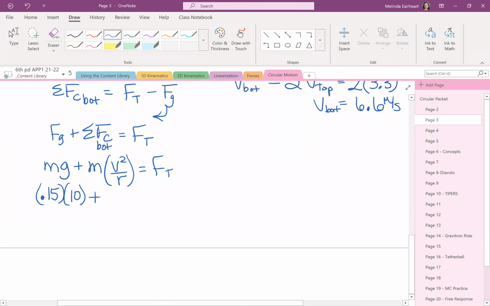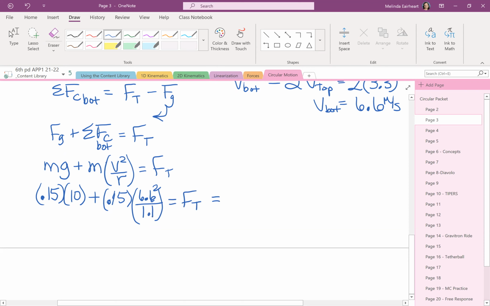I'm going to use, or you can use 9.8. Now, I guess I could have factored out mass, but it's fine. It doesn't save you many keystrokes. And then that new speed at the bottom, 6.6, don't forget to square, divided by r, which they said was 1.1.